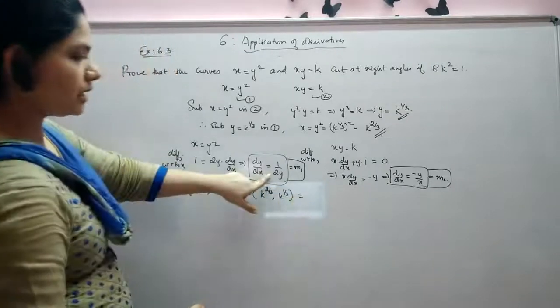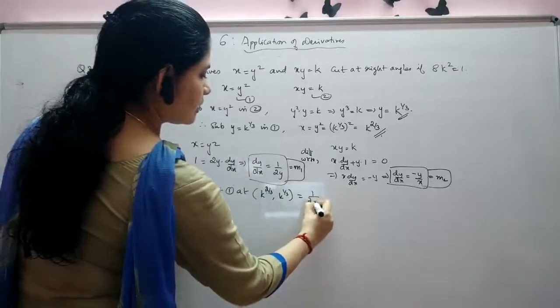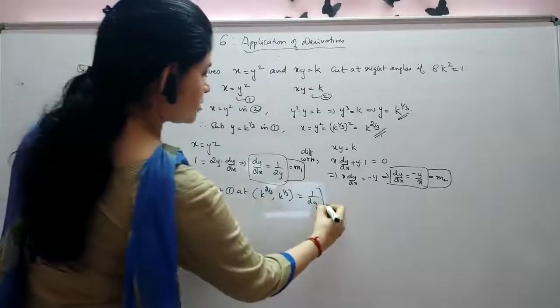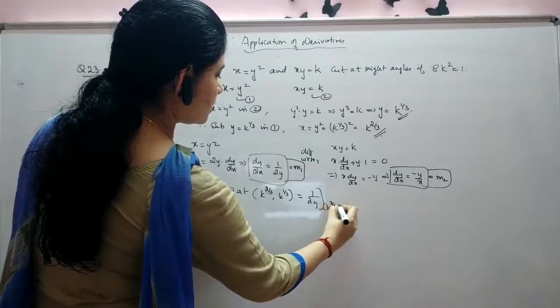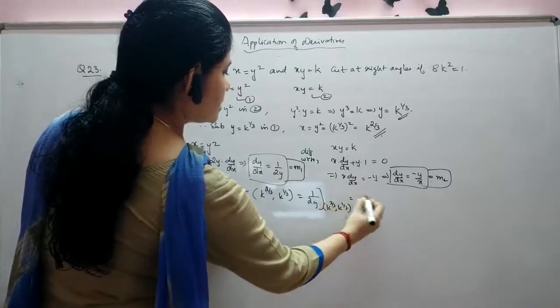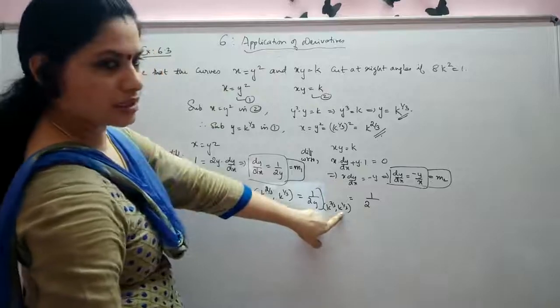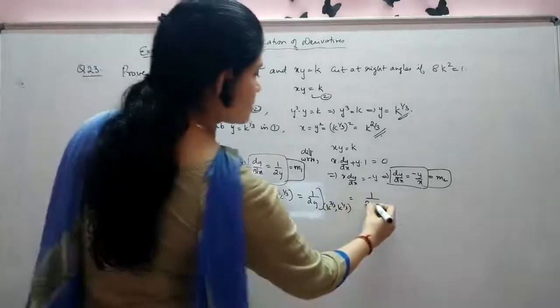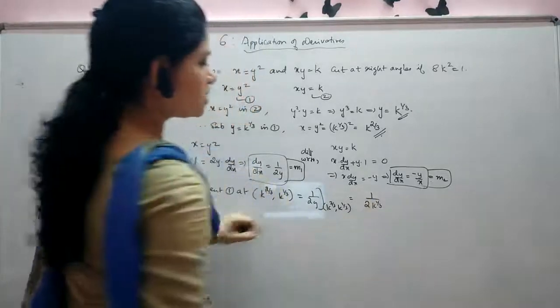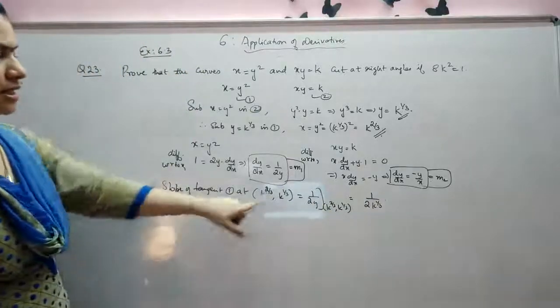In this one you have to replace y with what you have got: 1 by 2 times k raised to 1 by 3. So this is your slope of the tangent at the point.